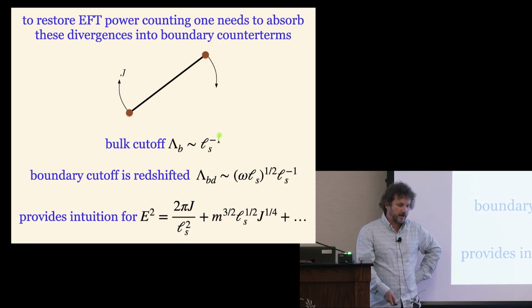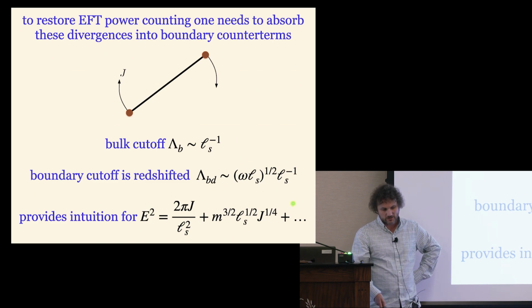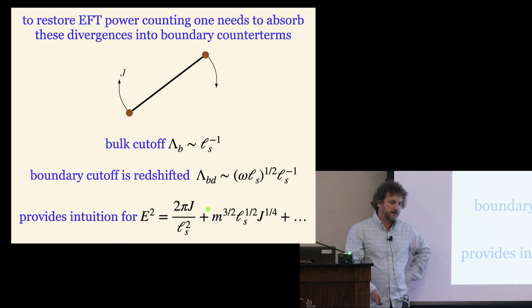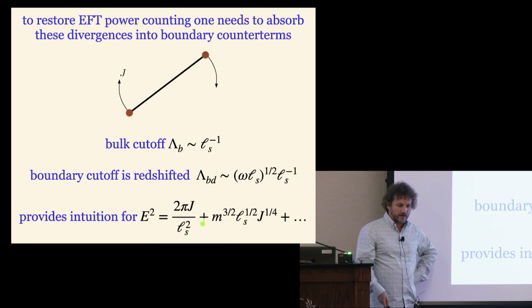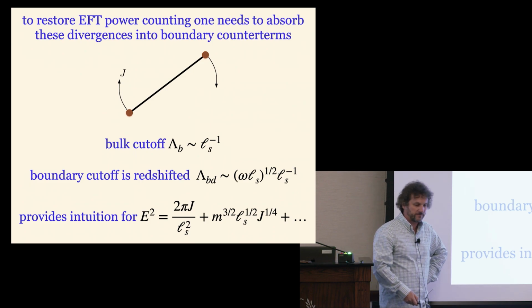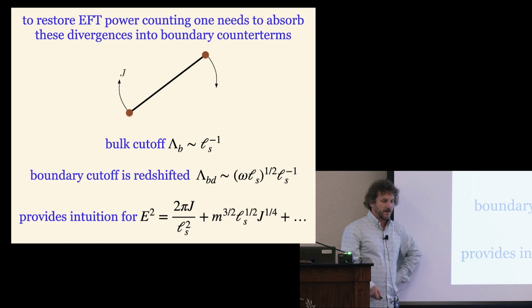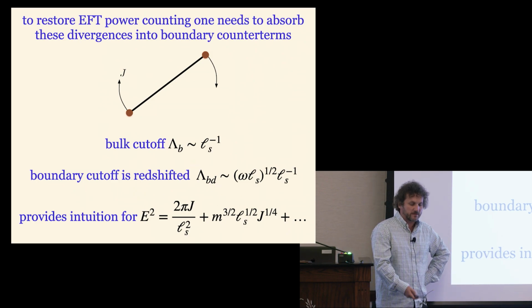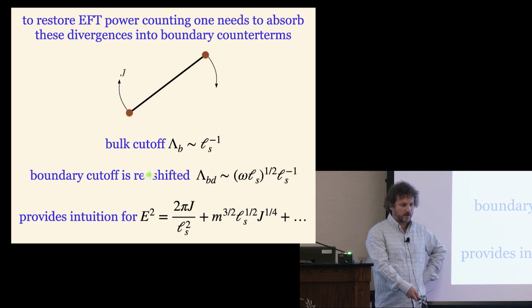But working, say, in the heavy quark mass regime, one recovers the corrections to the linear Regge behavior of this kind, which involve these funny fractional powers of J. And that organization of the perturbative expansion immediately follows from this picture.